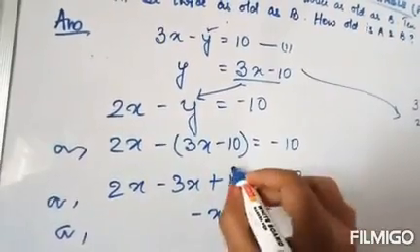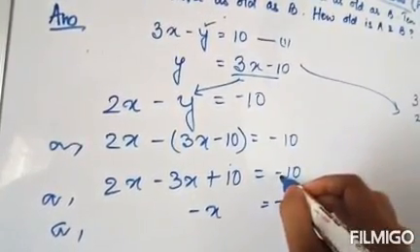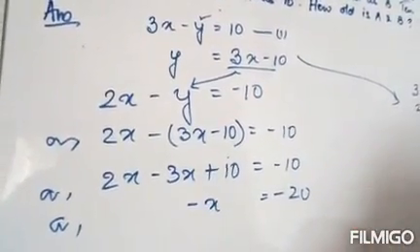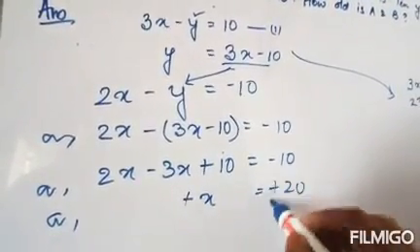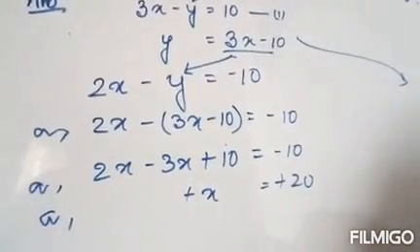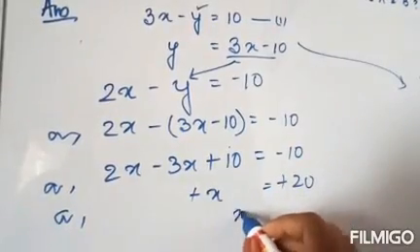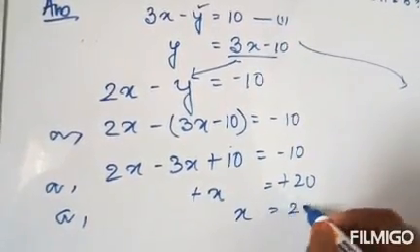If I take 10 this side, it will be minus 10, and minus 10 and minus 10 will make minus 20. Both are having a negative sign, so it will make positive. So x is equal to 20.